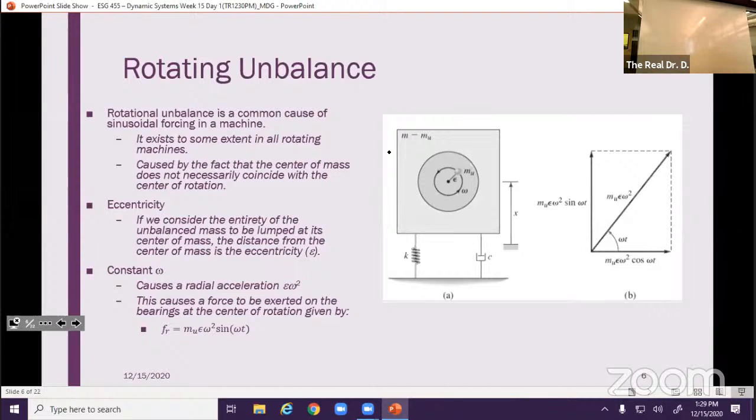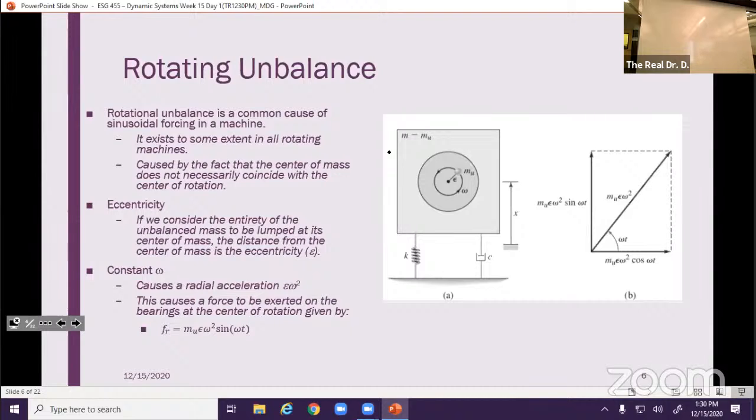Okay. So because we are rotating with a constant omega, this is going to cause a radial acceleration for us. That's going to be epsilon times omega squared. This in turn causes a force to be exerted on the bearings. So this is basically a reaction force.